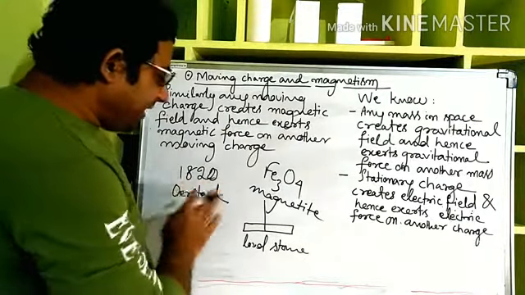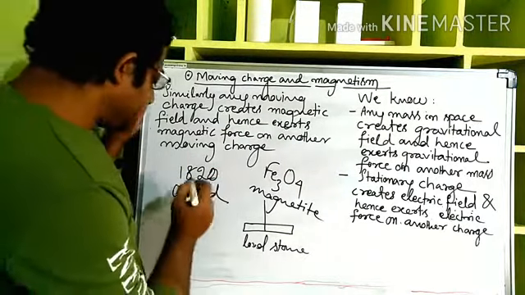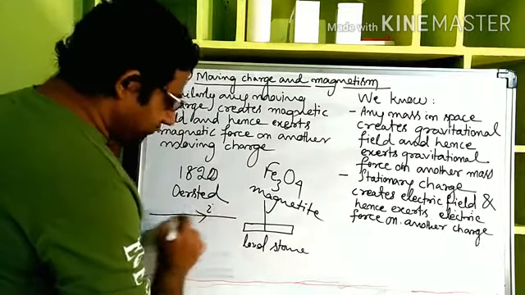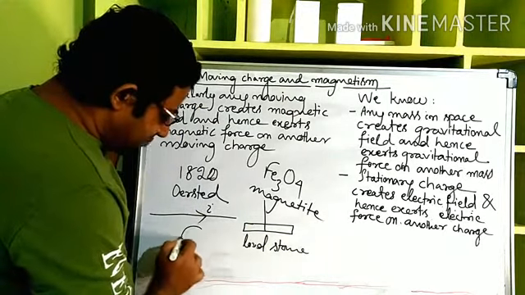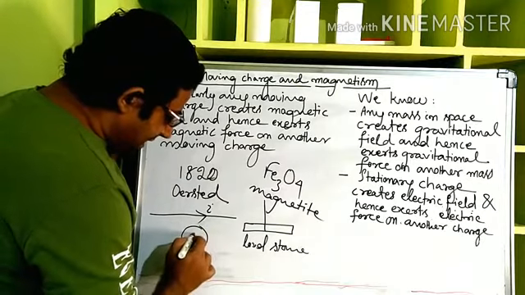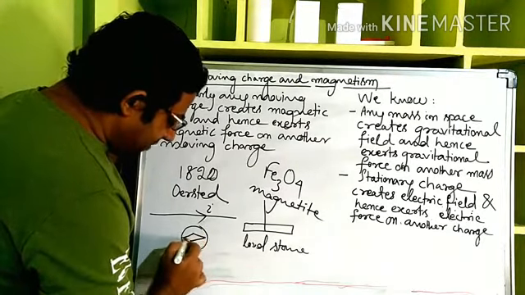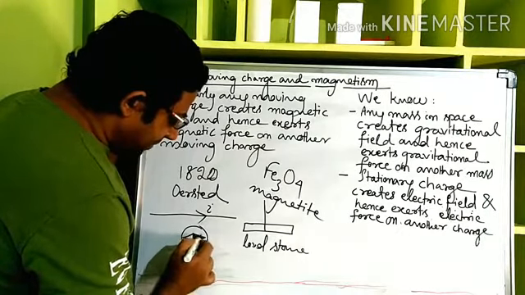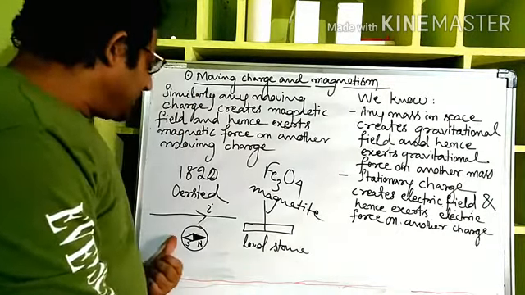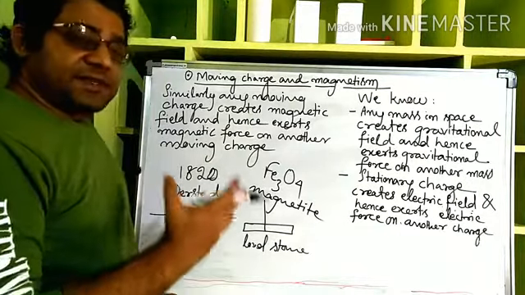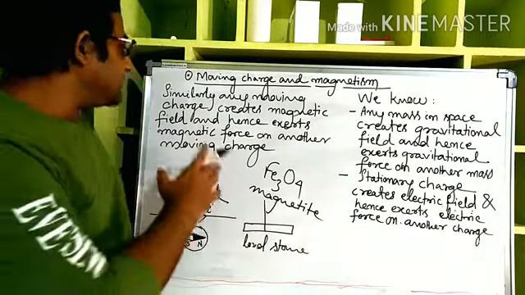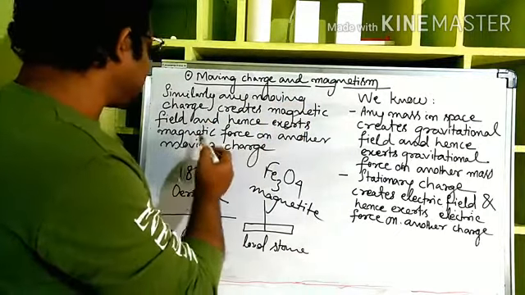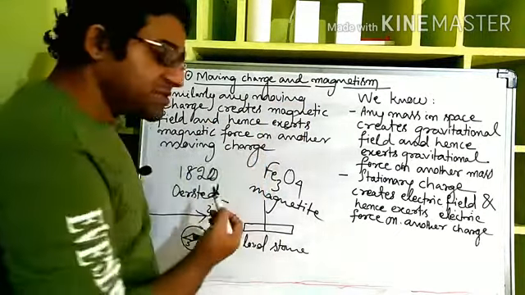What was the experiment? He saw that a current was flowing in a conductor and a compass was lying nearby, and accidentally he found that whenever current flows, the compass needle gets oriented in a particular direction. From that discovery he did a lot of experimentation, and the conclusion was derived that any moving charge creates a magnetic field and hence exerts magnetic force on another moving charge.